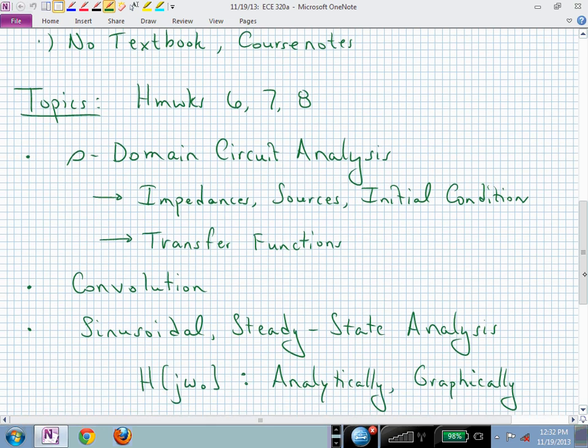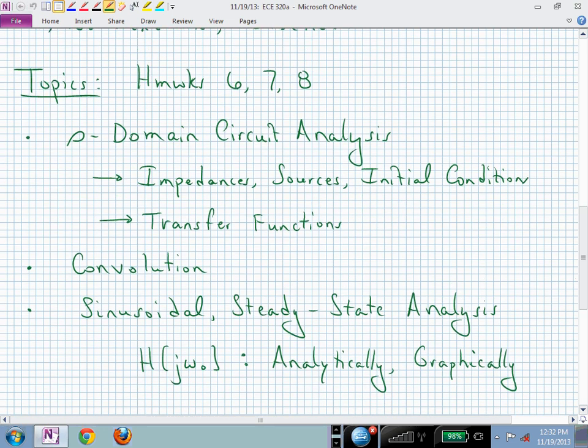The topics are homeworks 6, 7, and 8. That's the material that will be on the exam. Three main ideas are S-domain circuit analysis, which includes being able to get these S-domain impedances for Rs, Ls, and Cs, put those into a circuit, draw the circuit, and incorporate sources. That means you need to be able to Laplace transform anything. You also need to know how to incorporate initial conditions and find initial conditions.